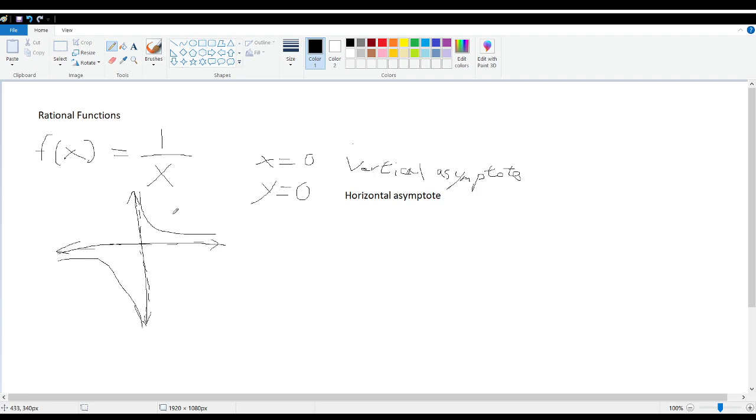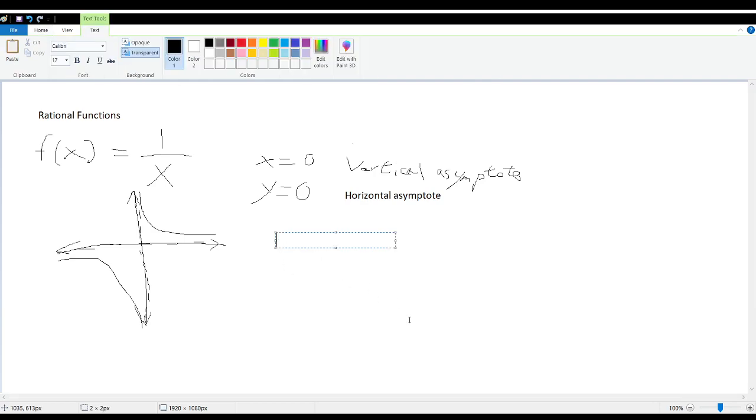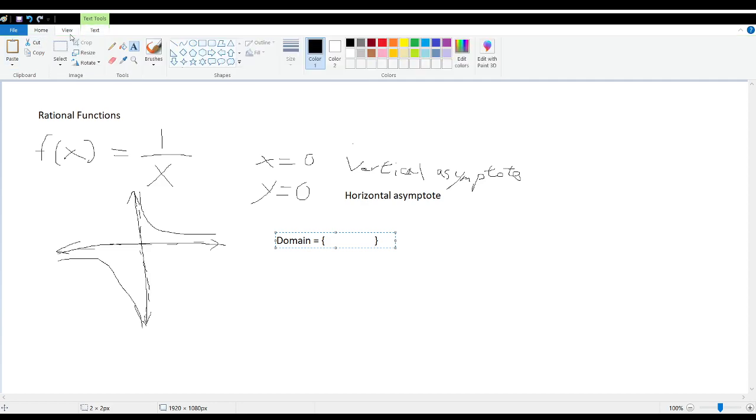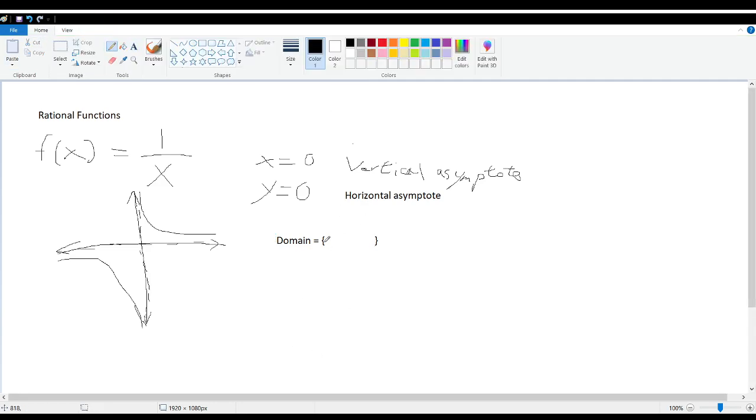So what is the domain and range of 1 over x here? The domain will be, well, of course, x can be any of the real numbers, but x will not equal 0.